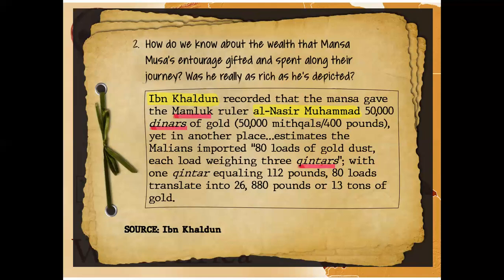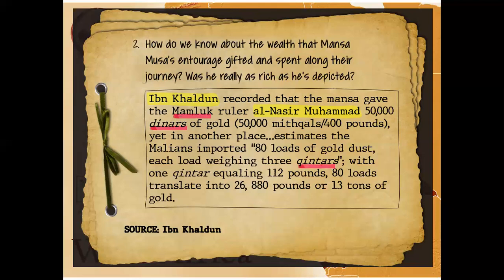So as long as we recognize that quintar is a unit of measure, the same way a pound or an inch or foot is a unit of measure, then we can put it into context. When we learn that 1 quintar equals 112 pounds, therefore, those 80 loads of gold dust that the Malians imported would be 26,880 pounds, or 13 tons of gold.